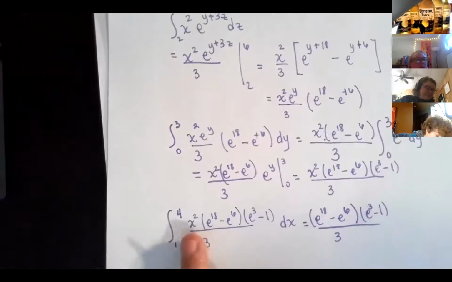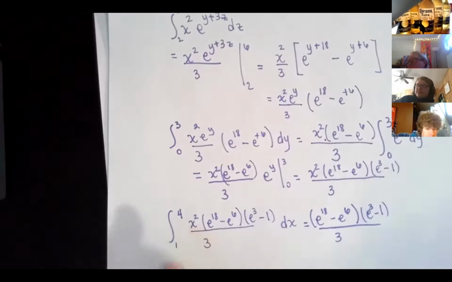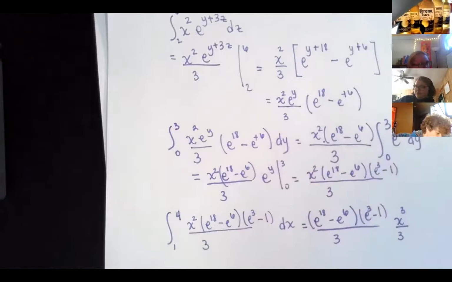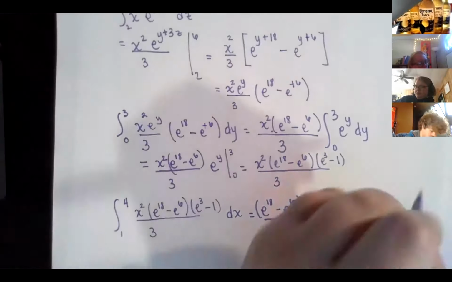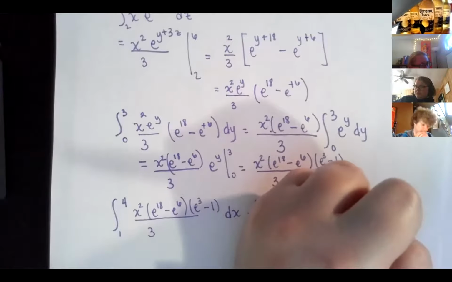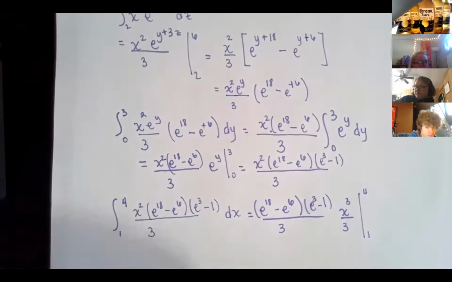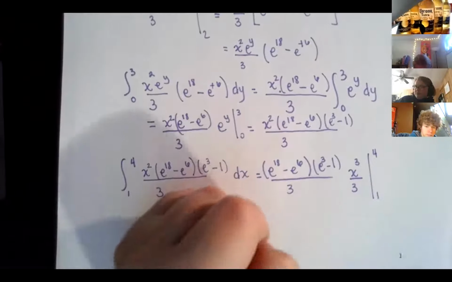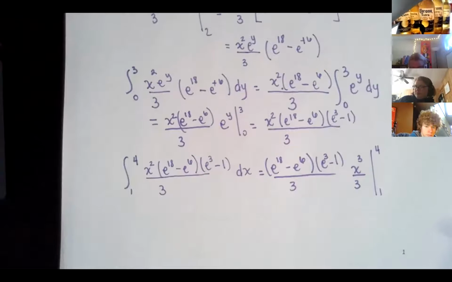Now, if I just integrate x squared, what's the integral of x squared? One-third x cubed. Great. And then I'm going to evaluate that from 1 to 4. So we'll get some silliness here.